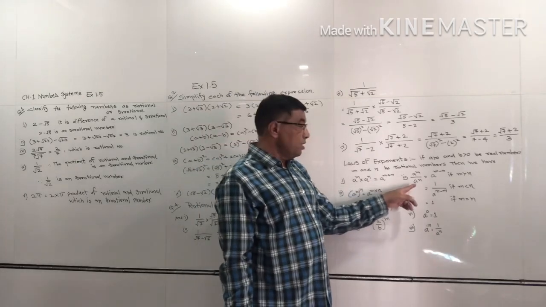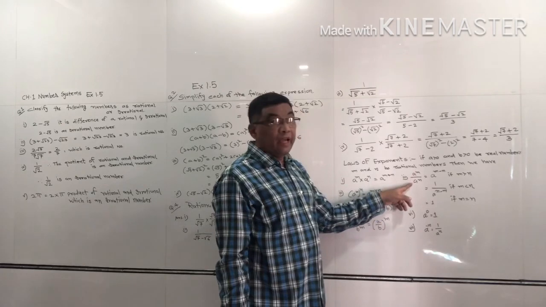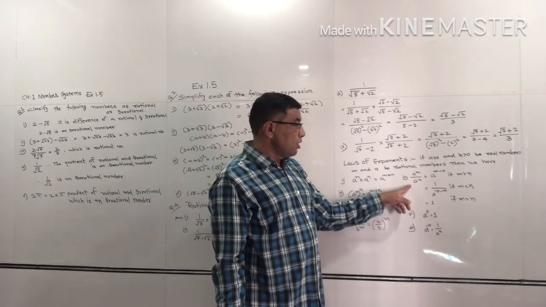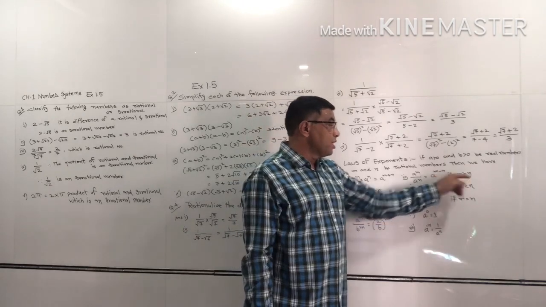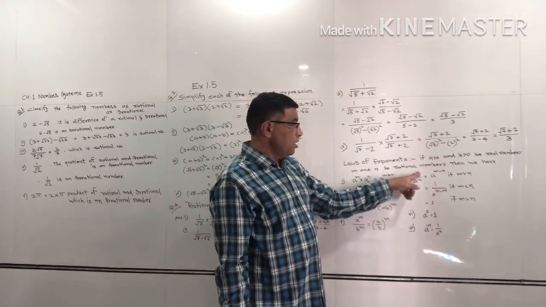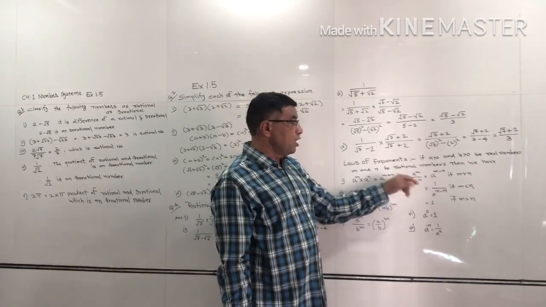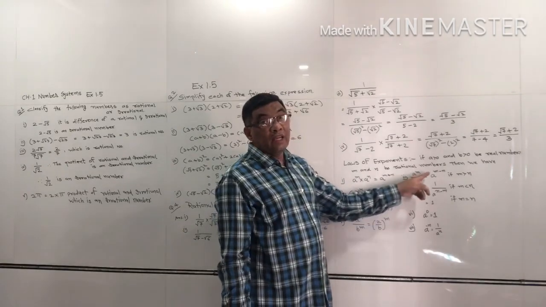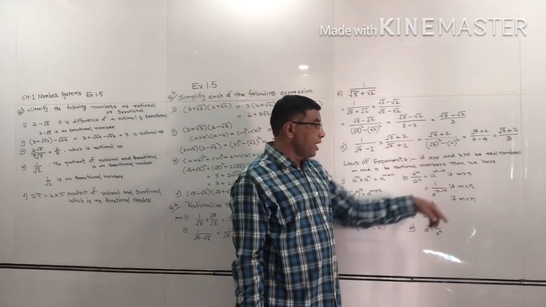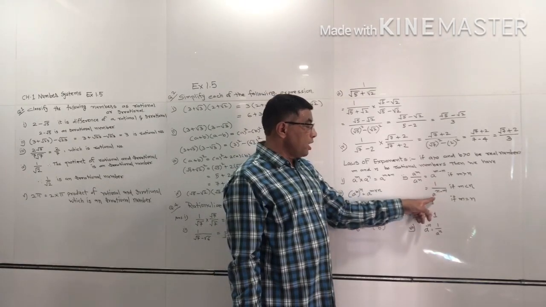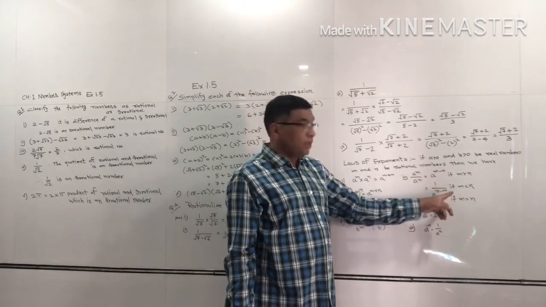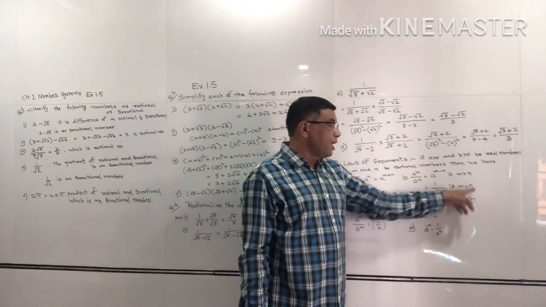Next is the division, a raised to m divided by a raised to n. This is equal to a raised to m minus n if m is greater than n. Here the numerator power is greater than the denominator power. Then it is equal to 1 upon a raised to n minus m if m is less than n.